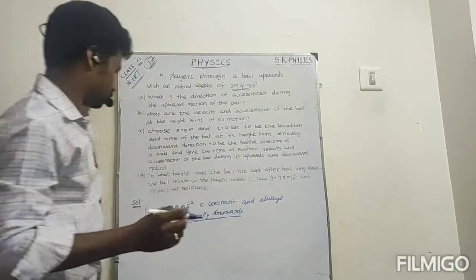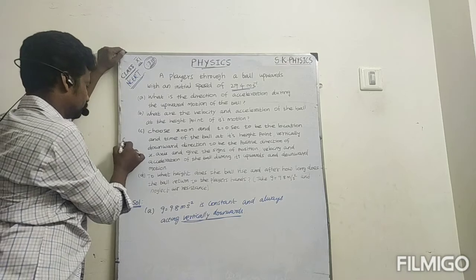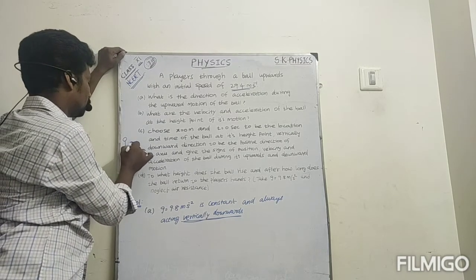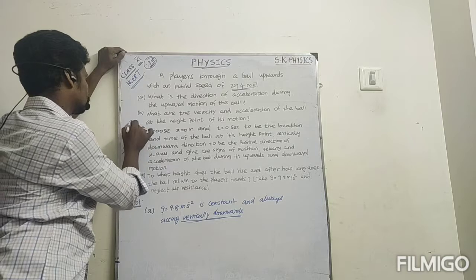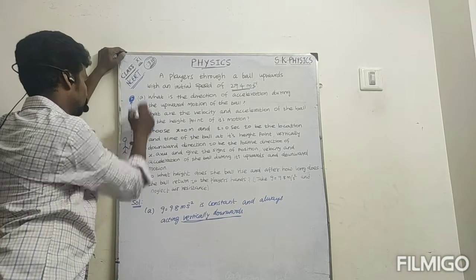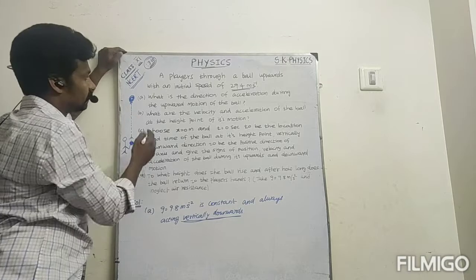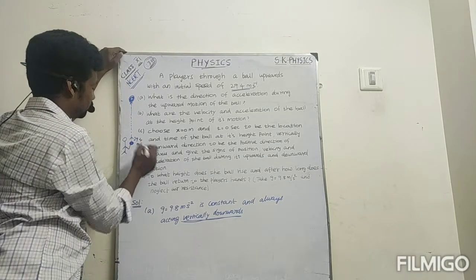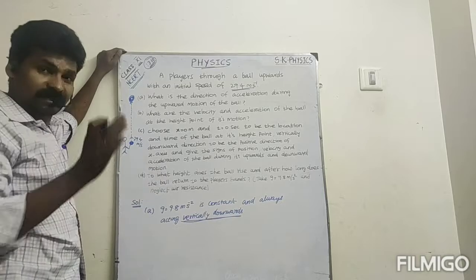So the player throws the ball in upward direction with a speed of 29.4 meter per second. So this is the given situation.